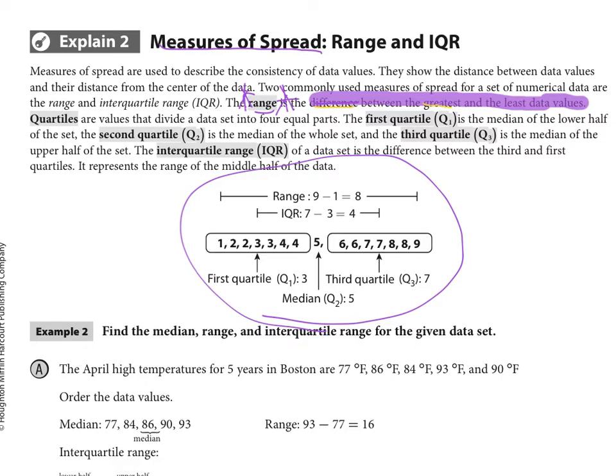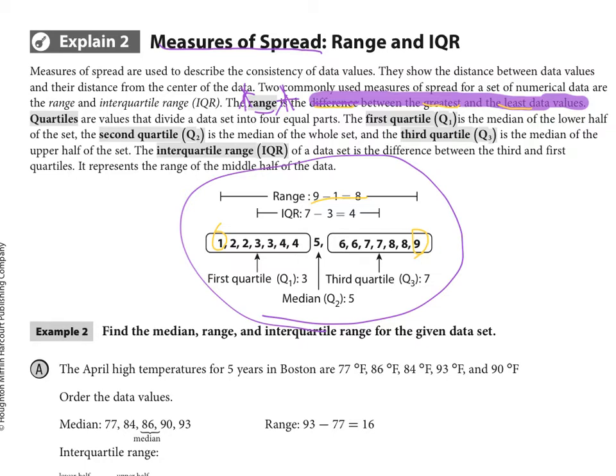We also want greatest and least. You might want to just highlight them in your foldable because those are going to be important. So the greatest value here we see is 9 and the least is 1. So we see our range is 8. Right? 9 minus 1 is 8.